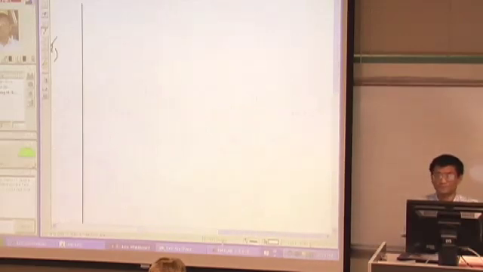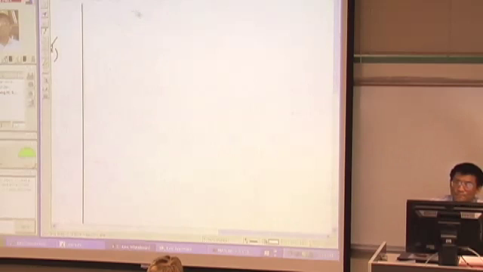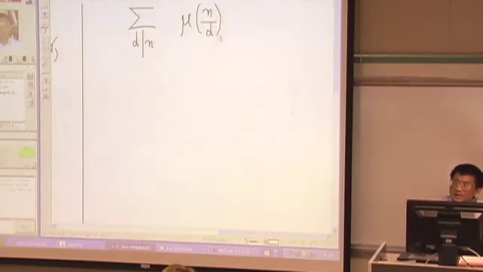So let's do it. The sum over d dividing n, and then Mobius function of n over d, and then F of d is the case.